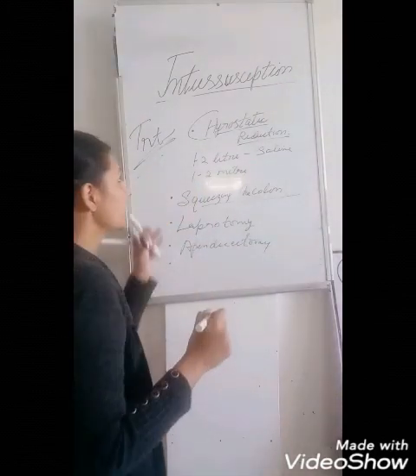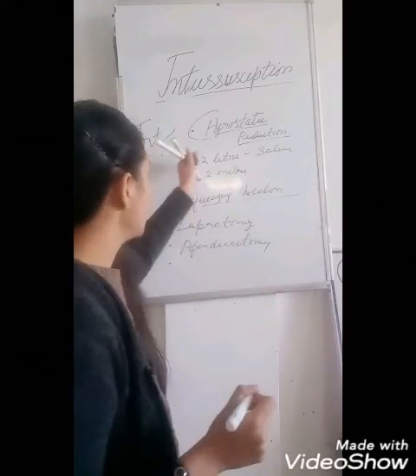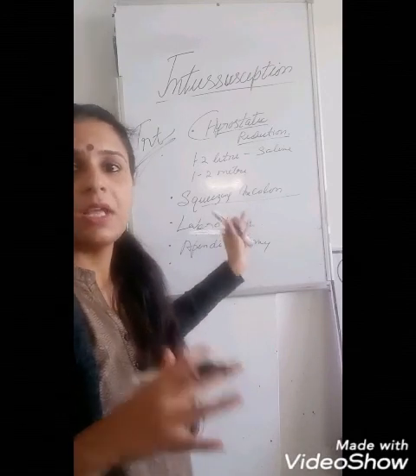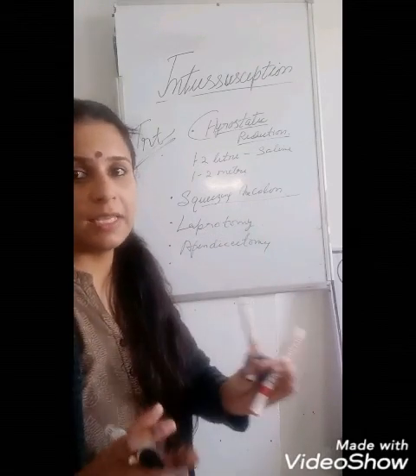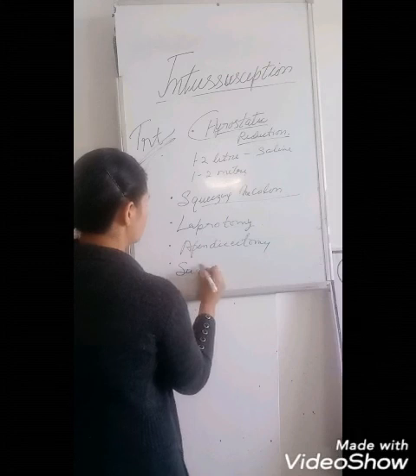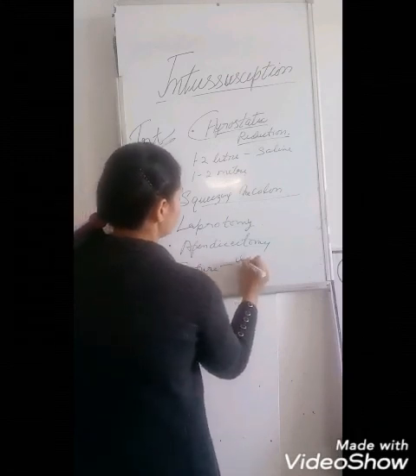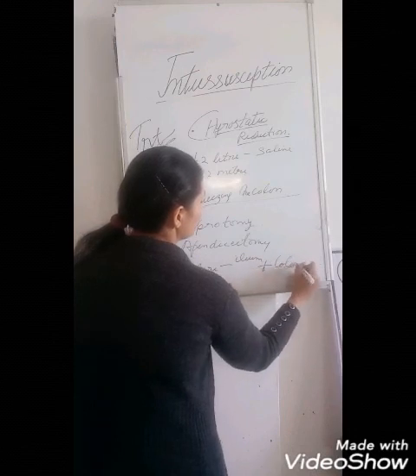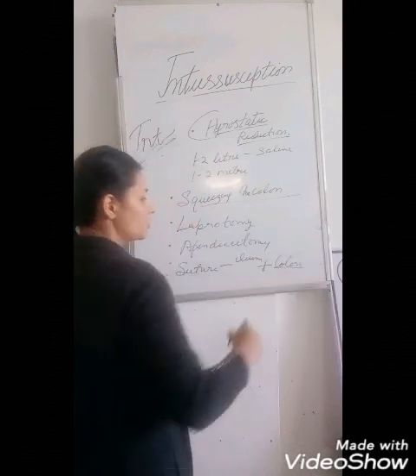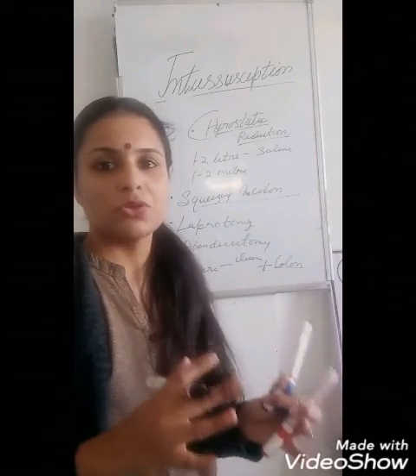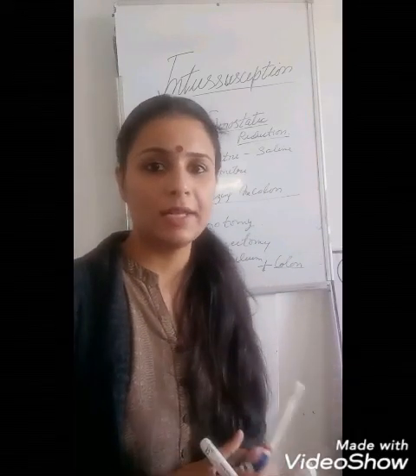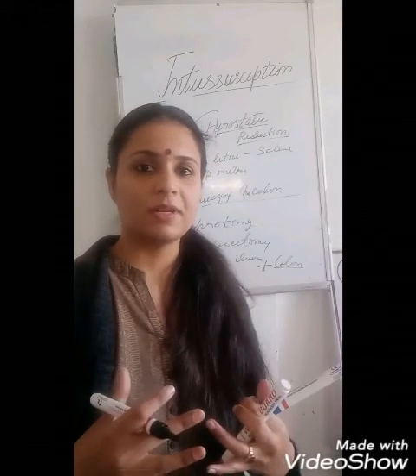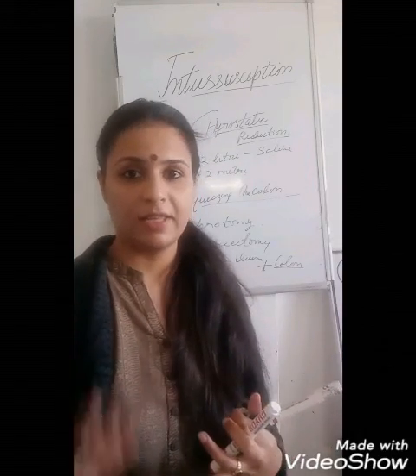And if there is recurrent intussusception after hydrostatic reduction and after squeezing the colon in the opposite direction, then we will suture the terminal ileum with the side portion of the ascending colon, if the intussusception is occurring recurrently again and again.